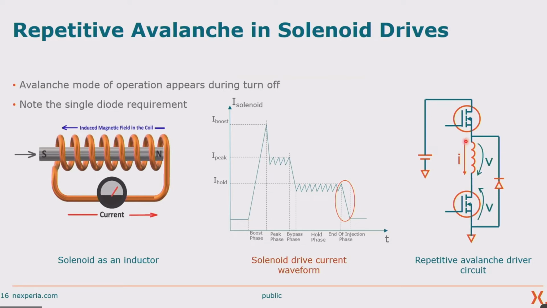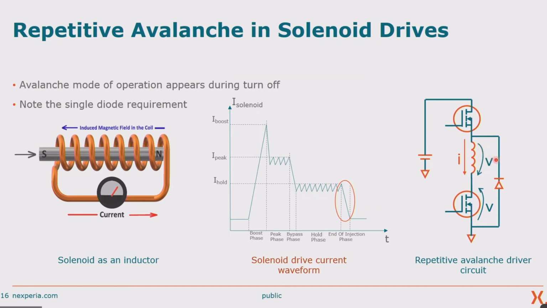So what happens is that we do have this current flowing through the inductor and the FET is turned off. And because the inductance still wants to pump this current, it starts behaving as a source and has some voltage across its end.